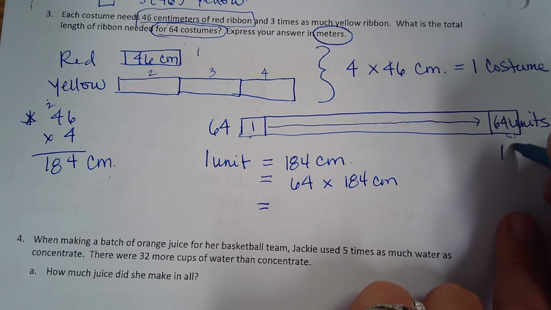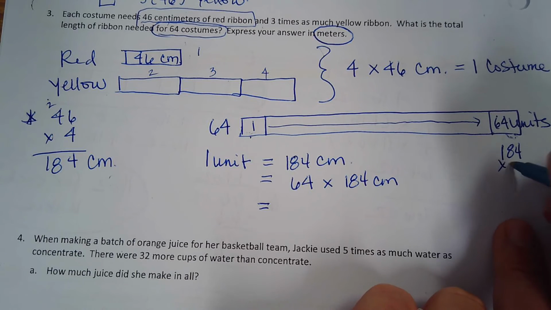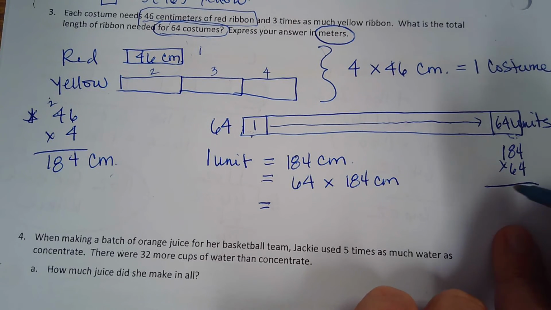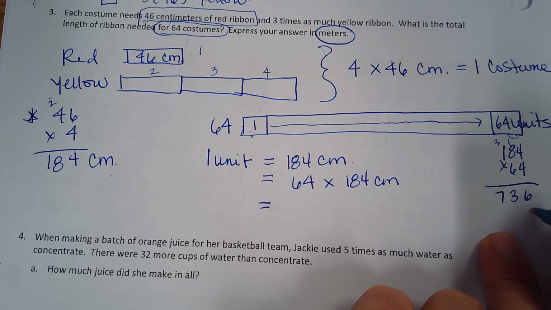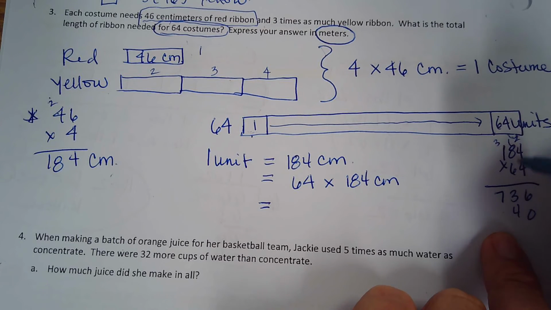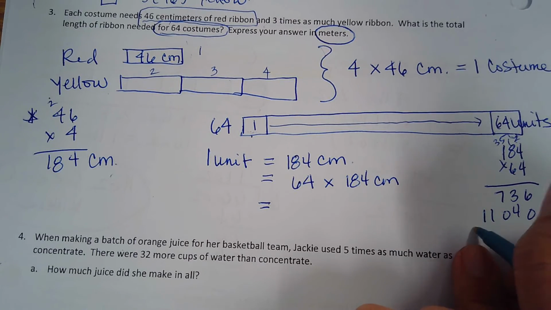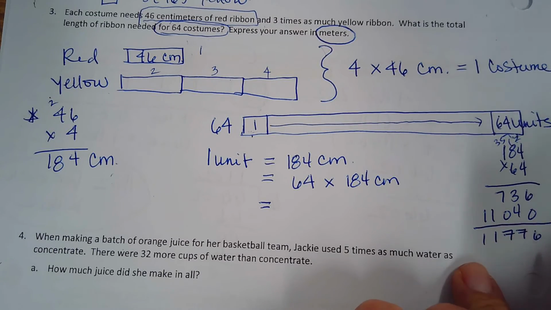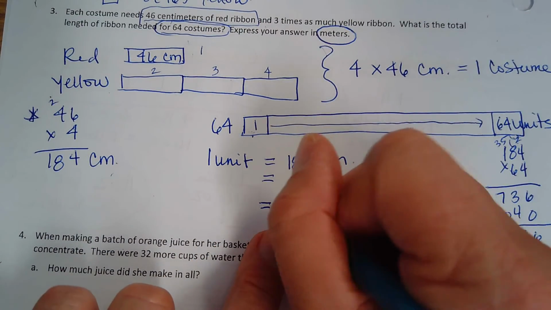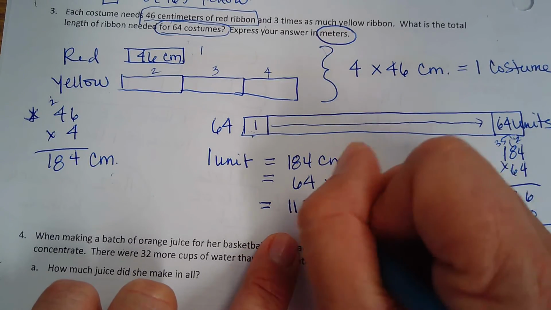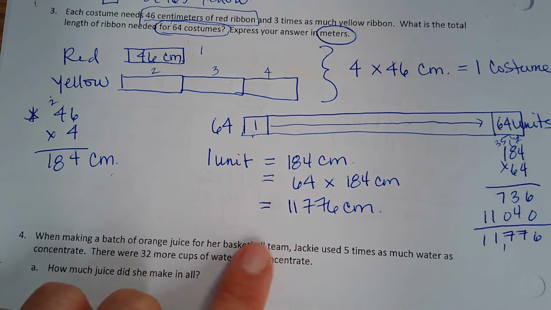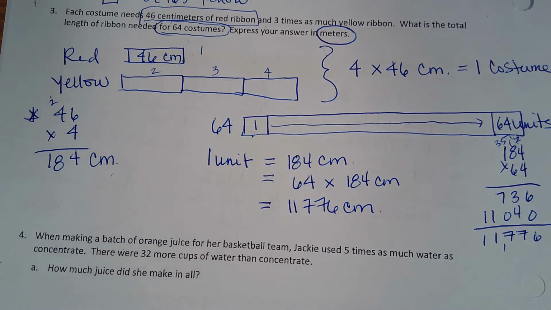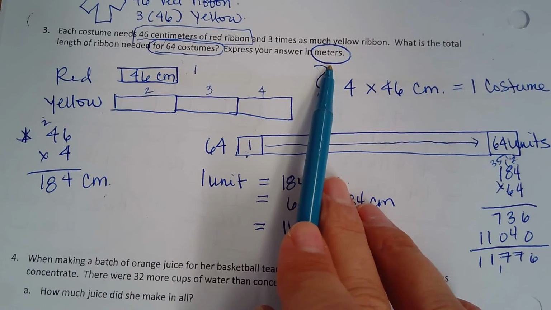So over here, 184 times 64 is going to equal, so we're going to end up with 11,776 centimeters.